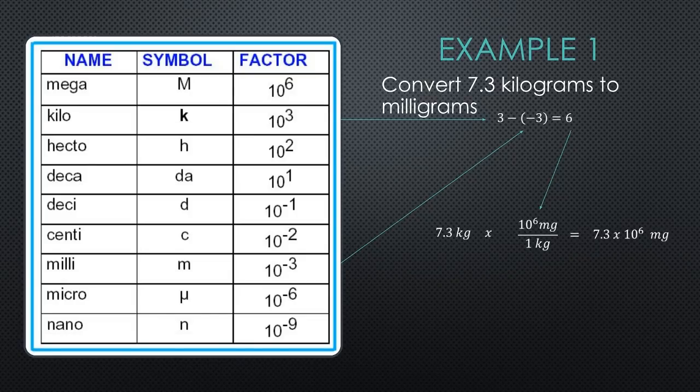It doesn't look like it, but by definition, 10 to the 6 milligrams is 1 kilogram. Now, I have lined up this 1 in such a way that the kilograms on my 7.3 cancel out with the kilograms on the 1, so that all that's left units-wise is milligrams.